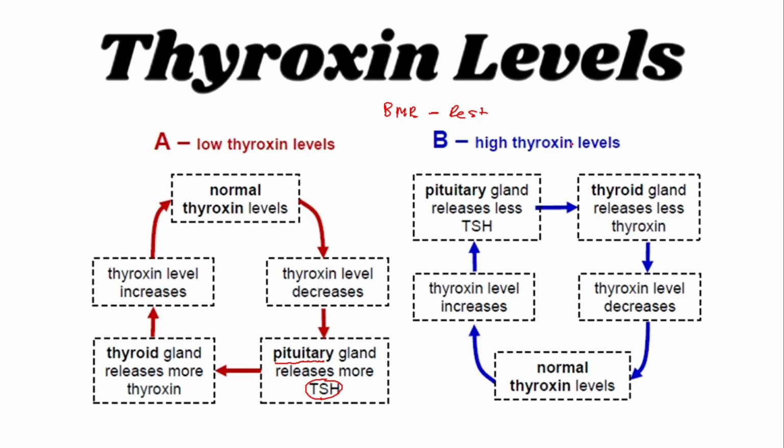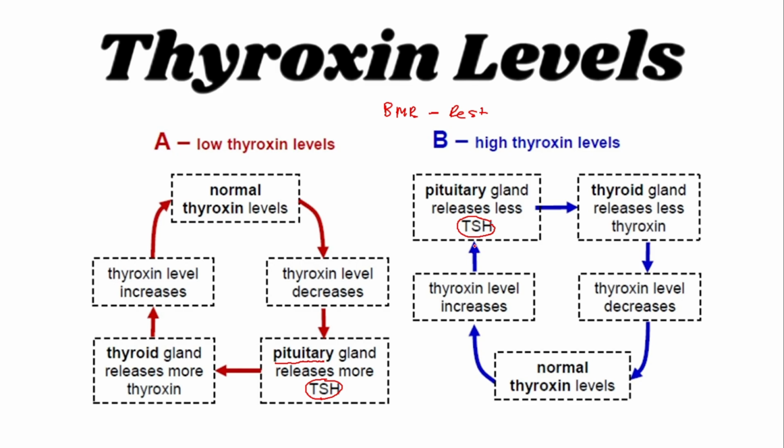So high thyroxine levels. Let's say it is normal. Okay, start here, and then thyroxine level increases. Now that's too much thyroxine, and it can lead to various disorders, which we'll look at in the next video. And the pituitary gland releases less TSH because obviously there's too much thyroxine, so you don't want to overstimulate.